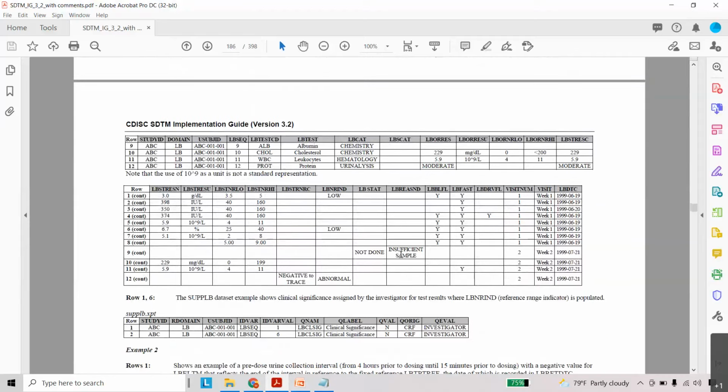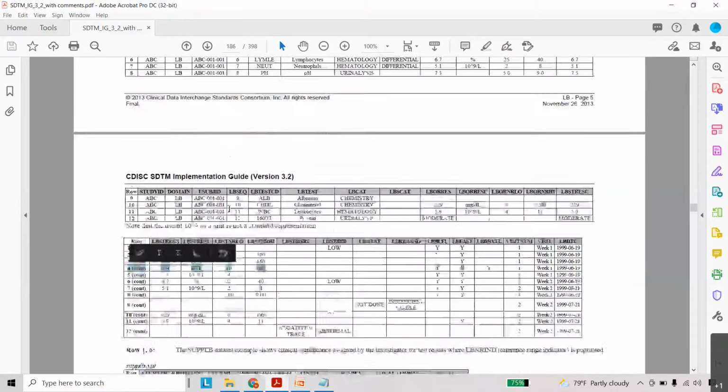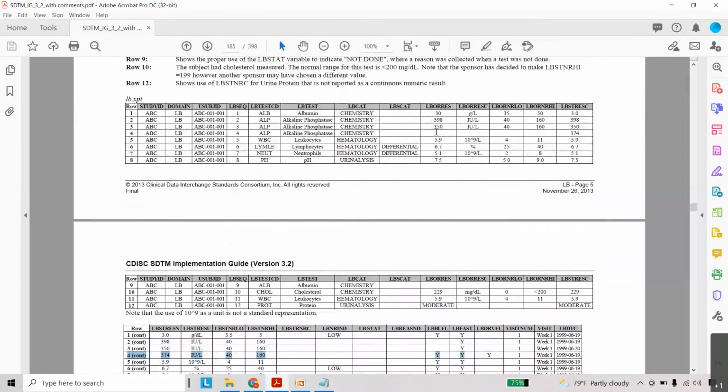If you see here, status not done means the sample was not performed because of insufficient sample. Also, an interesting thing we can see here is the laboratory derived flag. When the derived flag is present, for example in the fourth record, you can see the original results will be missing because this is a derived record.